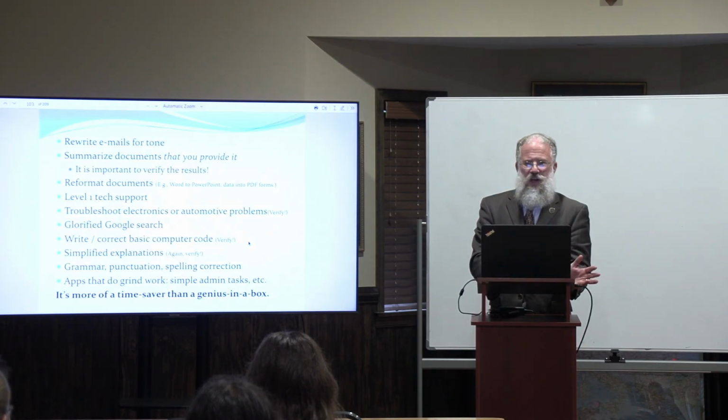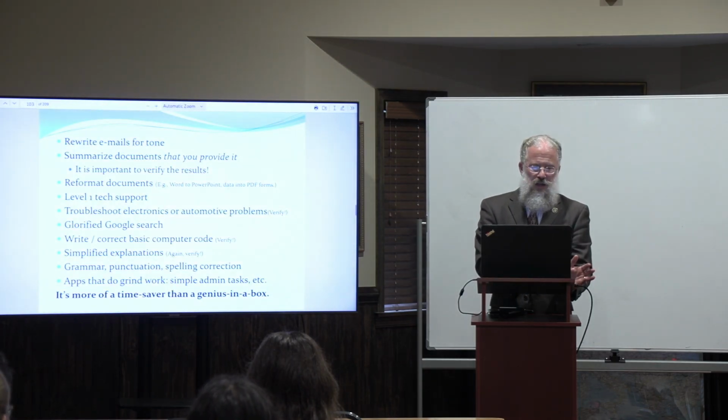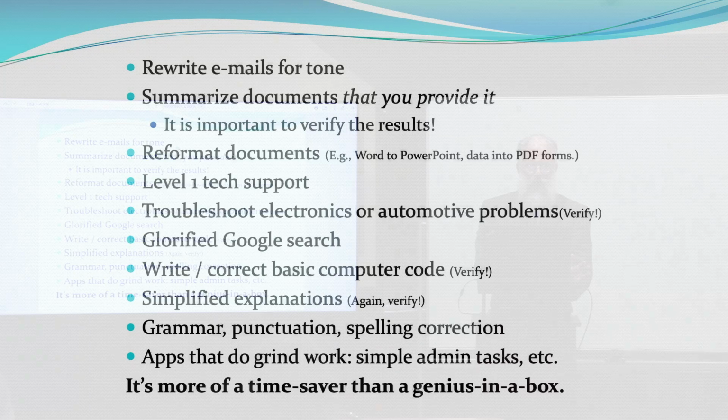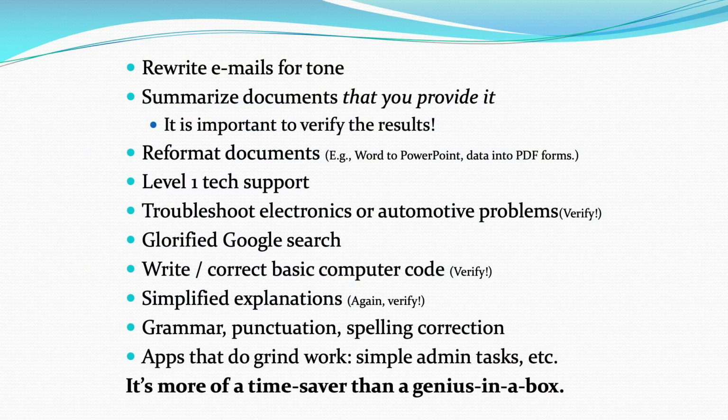If you actually look at OpenAI's site, it doesn't make really hyperbolic claims for itself. It's usually other people that are trying to hype this stuff to high heaven as being a superhuman intelligence. Most people use ChatGPT for things like rewriting emails for tone or summarizing documents that you give it. Not that it says it knows, like my doctoral thesis, but that you give it. And you still have to check it.